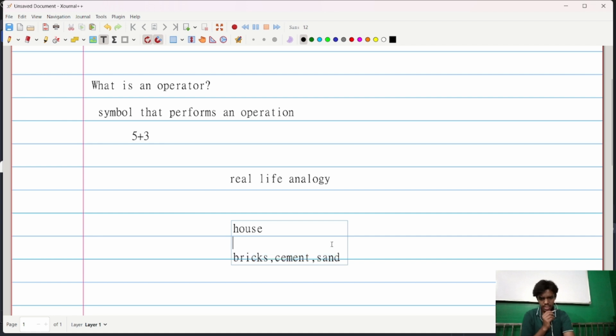Can the house build itself? No. Workers are needed. Workers perform the work. These all collectively couldn't make themselves a house. Workers are required which perform the task. Similarly, variables store the value, operators perform the work. Without the operators, variables just sit there holding information.